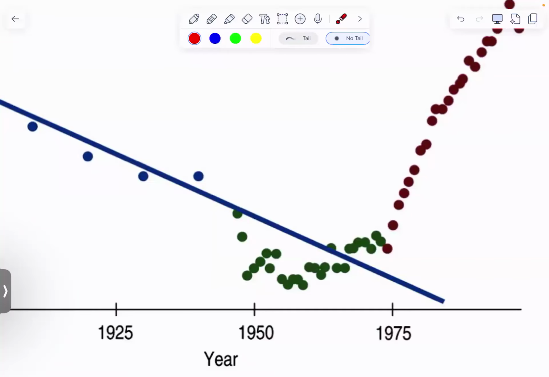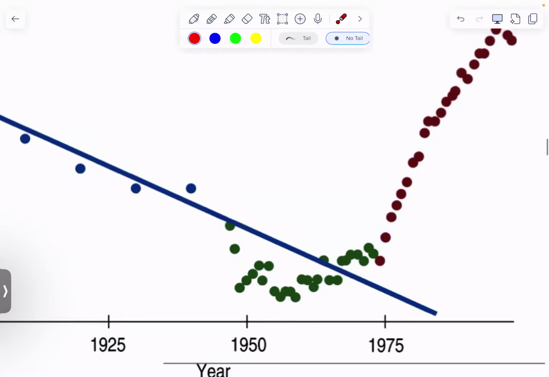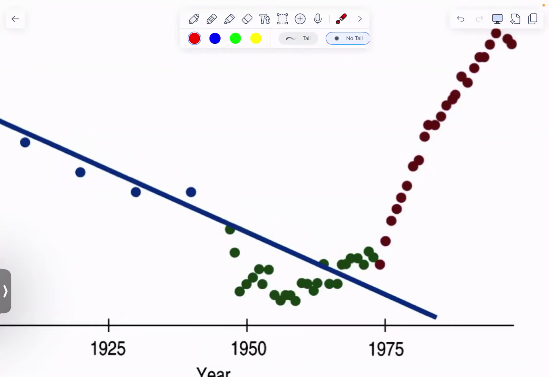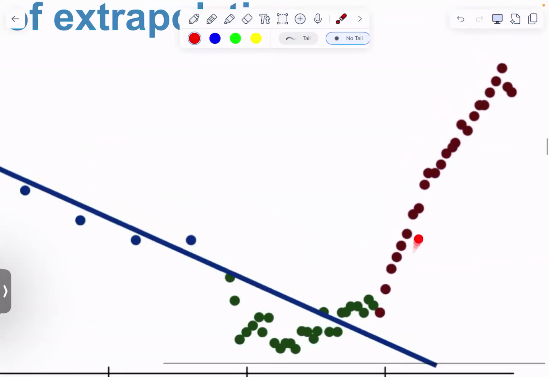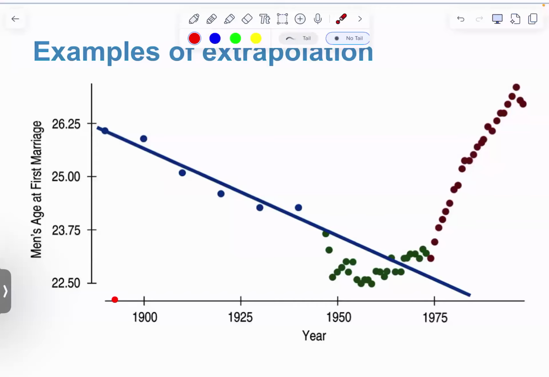You could still use it, you just would get bad predictions all of a sudden. Whereas after 1975, using this line would give you really, really bad predictions, because you should be fitting a different line here, and it would look very different from the 1945-ish range.